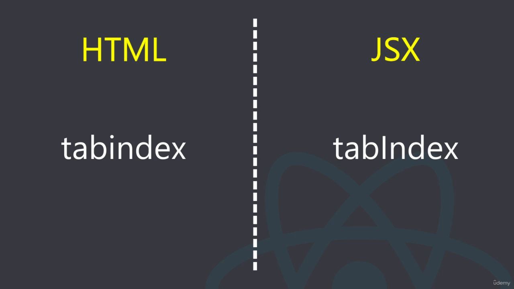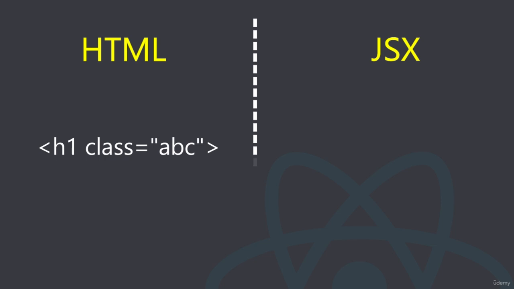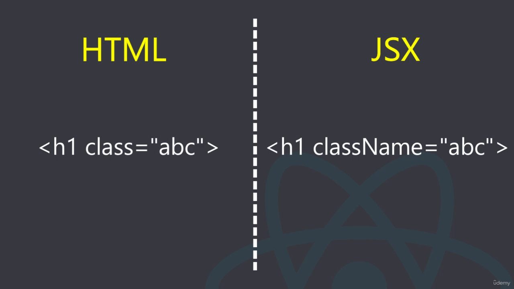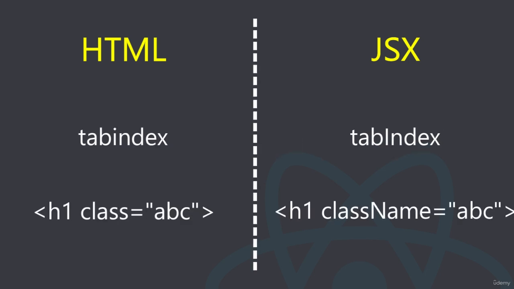So you will say tabIndex. In HTML, we generally use class, whereas in JSX, how do we use it? We use className in camel case. So these are a few things which we see different compared to HTML. Otherwise, JSX is very similar to the HTML you are writing.